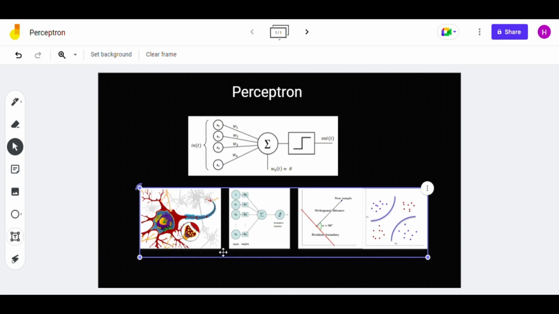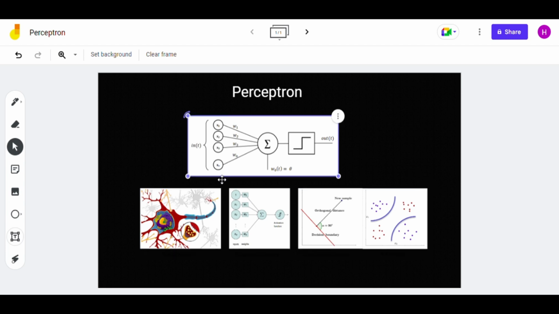So basically, lots of inputs, and then a processing, and then output. So that is how a neuron works, and perceptron is basically similar to a neuron. It consists of different input nodes, which are then processed, and then an output is given out.